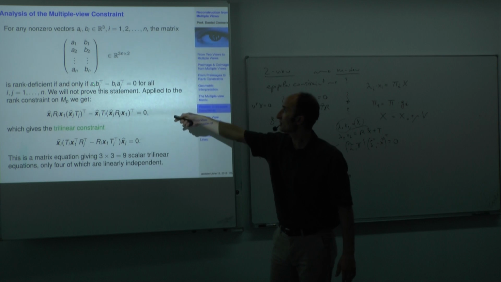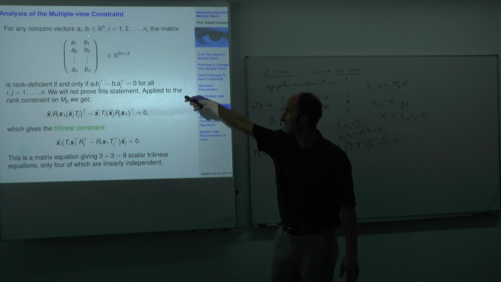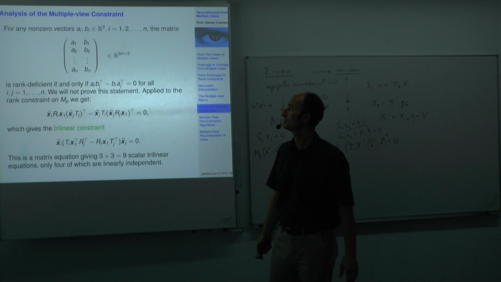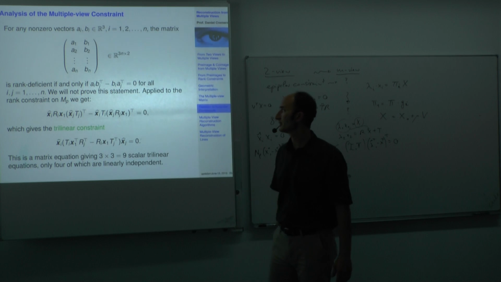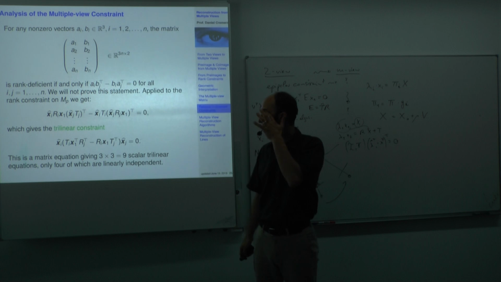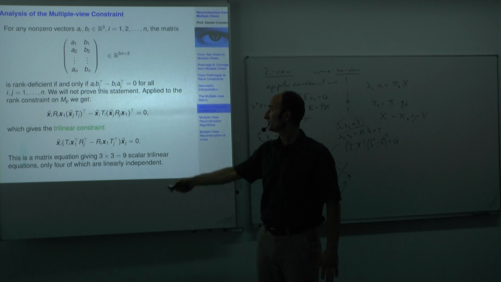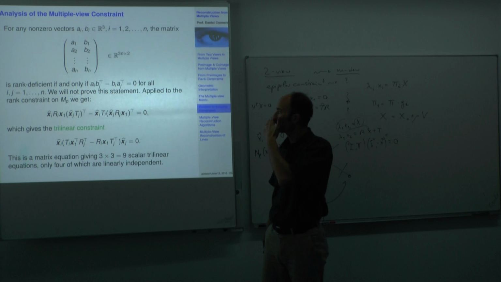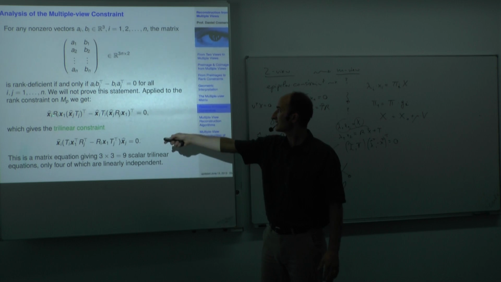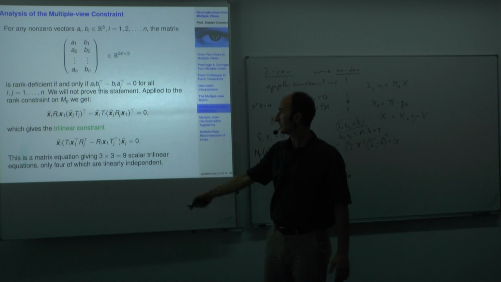And if we insert the exact values of A and B from the multiview matrix, these are the constraints we get. They are a bit involved, I admit, but then we can extract xi hat on the left side, and xj hat on the right side, right?